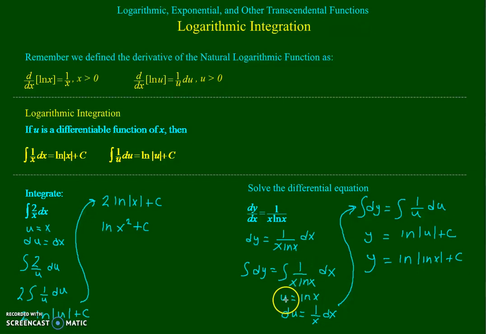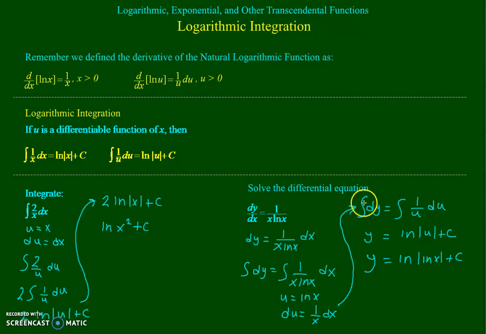But if we choose u equal to the natural log of x, you can see that what this is actually doing, we have 1 over x times 1 over natural log of x. So by using this ln of x, we can recreate that 1 over x term, and that gives us a match. So we have 1 over x and dx matched, and this ln of x becomes our u.